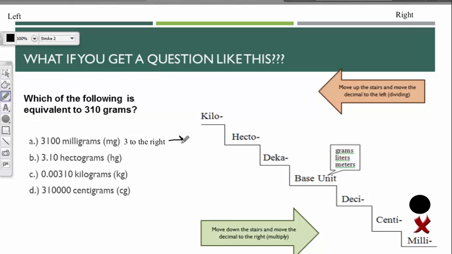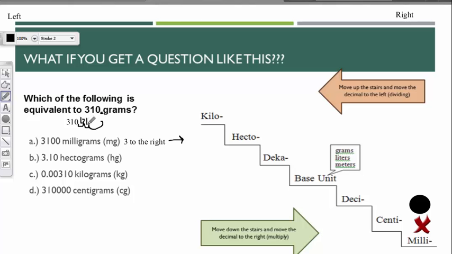Okay, well, let's check it. My decimal is behind the 0 right here. 3 to the right would be 1, 2, 3.